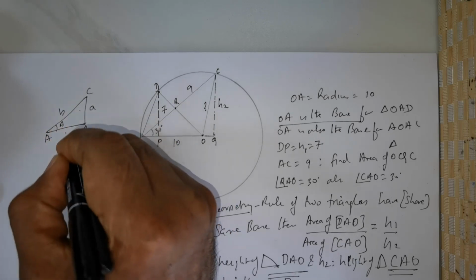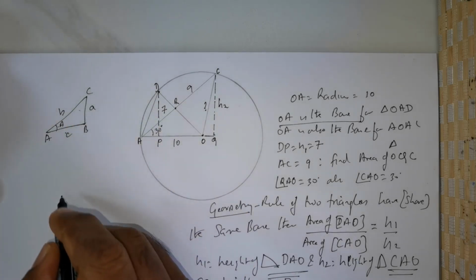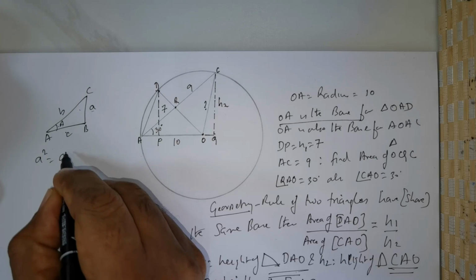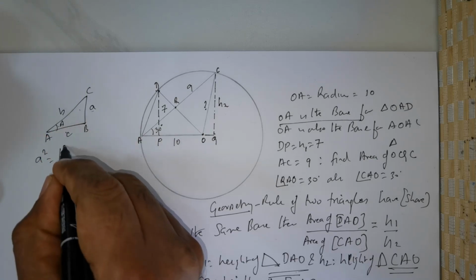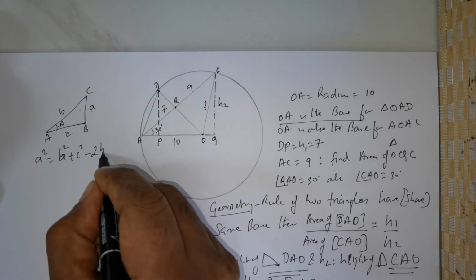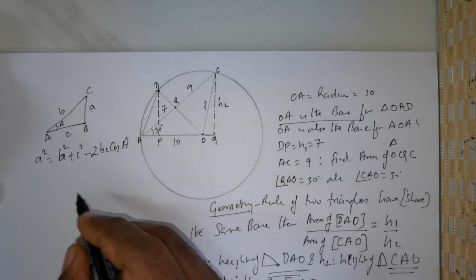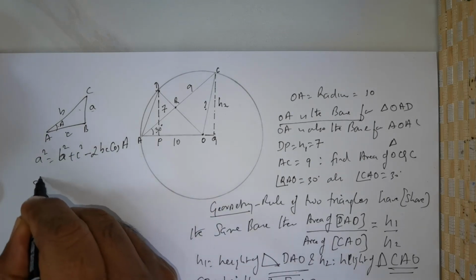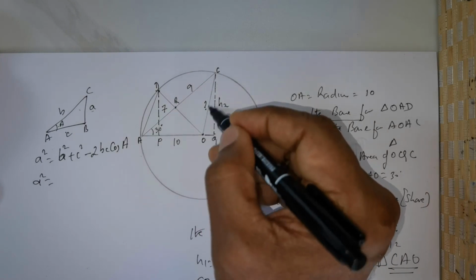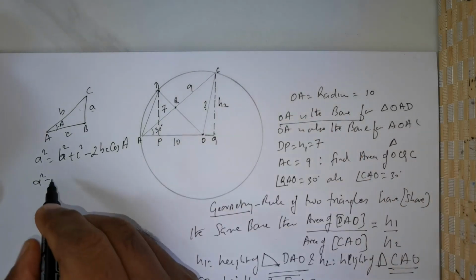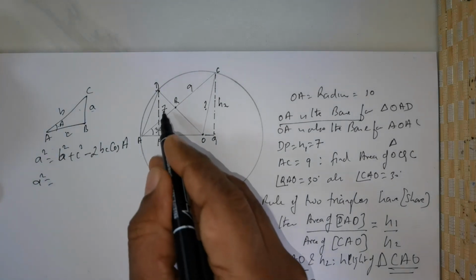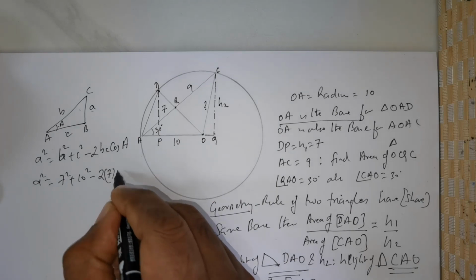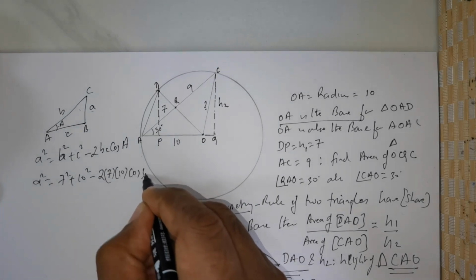This is A, this is B, this is C, and I got this angle and I need to know this side. So that side squared is equal to this side squared plus this side squared minus 2 times b times c times cos of A, the angle between them. So using that formula, I would have a squared. a squared is this slant height, right? I need to know this. So this is equal to, I know this and this, so I'll start with 7 squared plus 10 squared minus 2 times 7 into 10 into cos of 30 degrees.